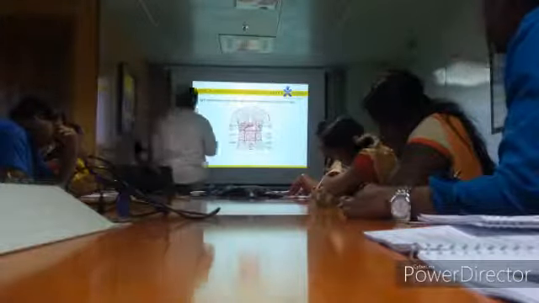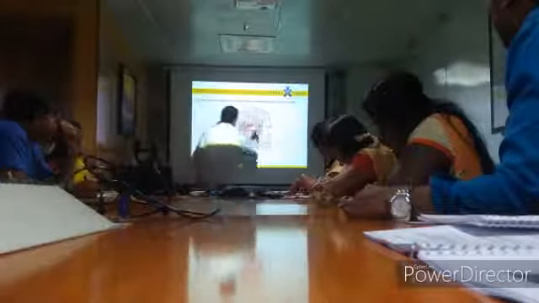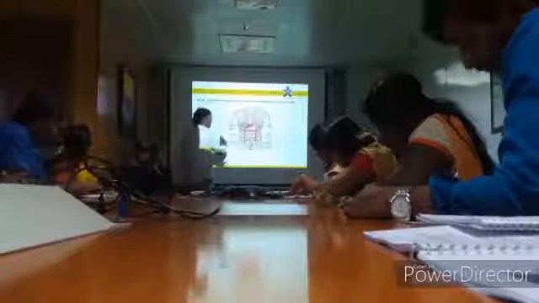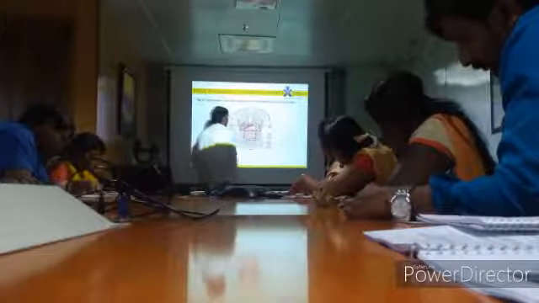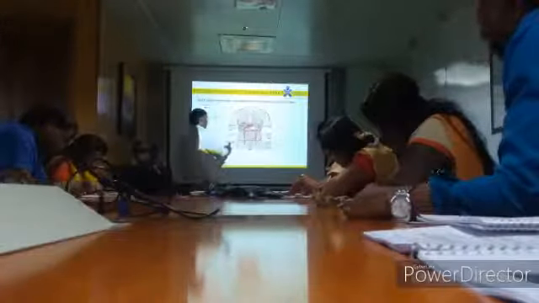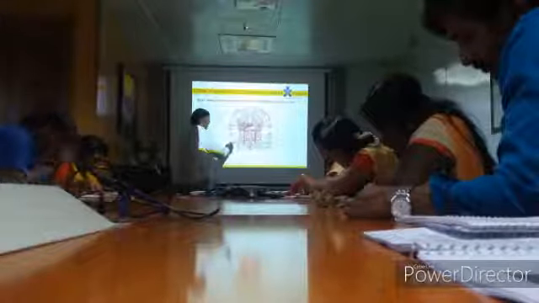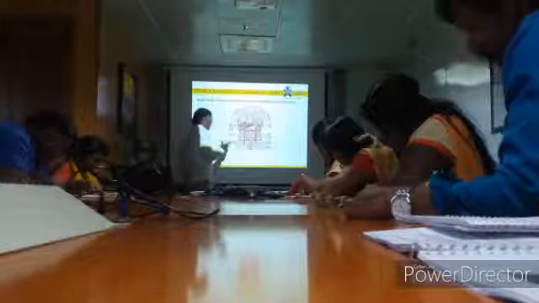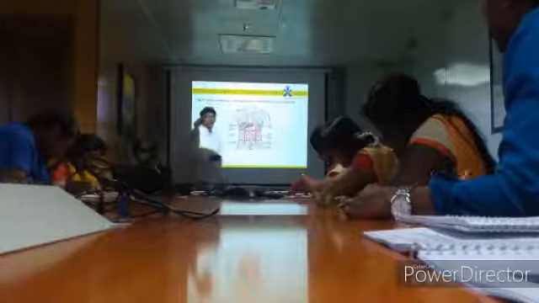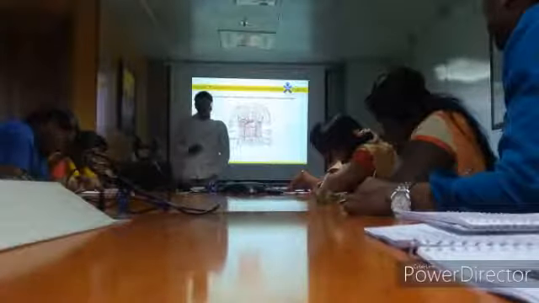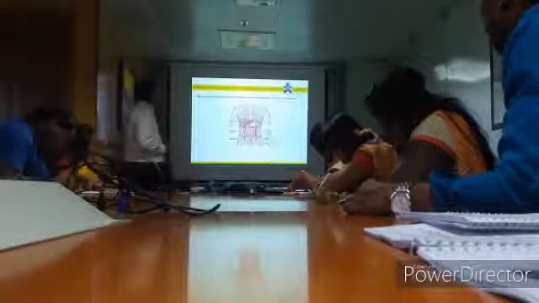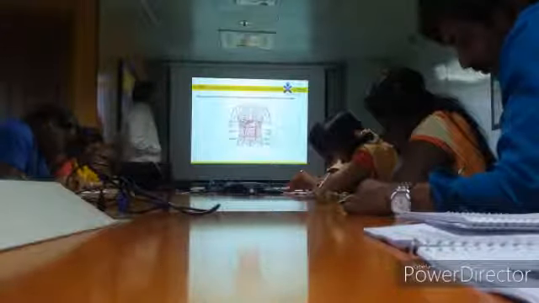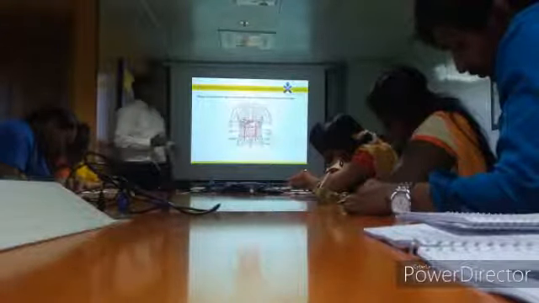Then lumbar, right lumbar, left lumbar. Next, iliac or inguinal, both they use. Right inguinal, left inguinal.